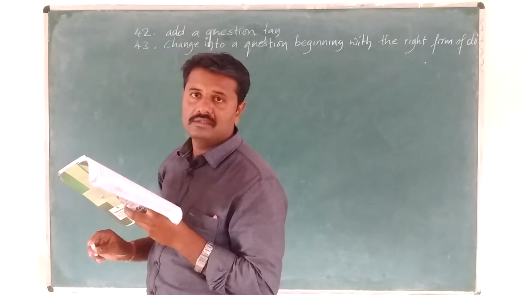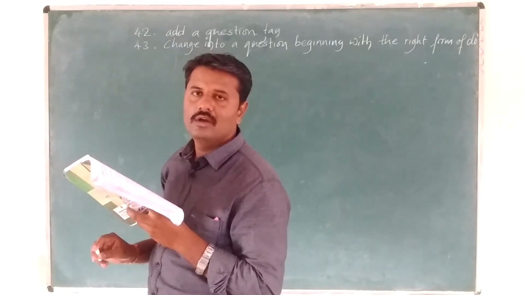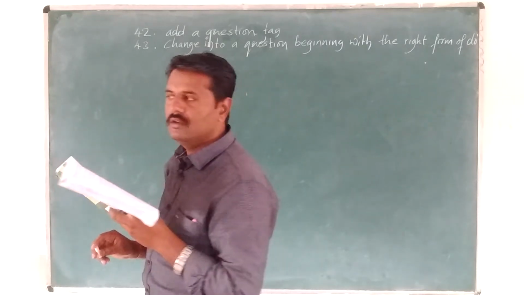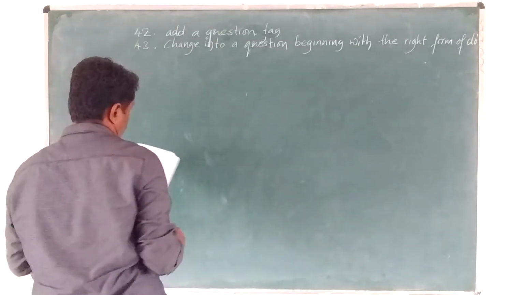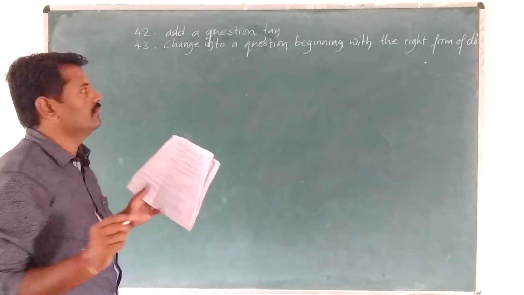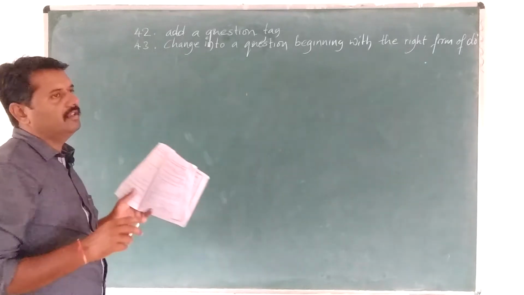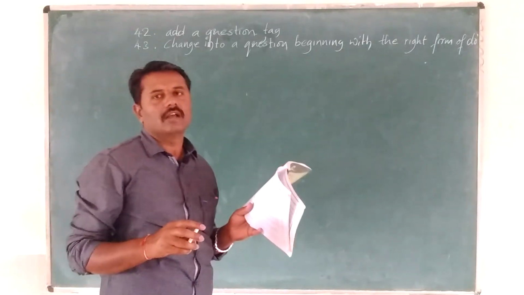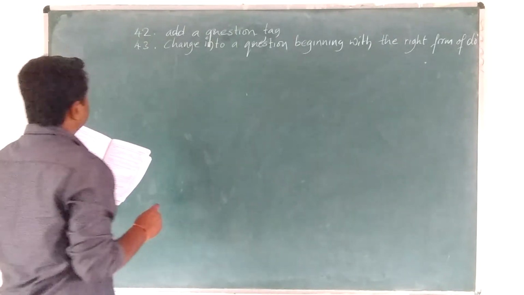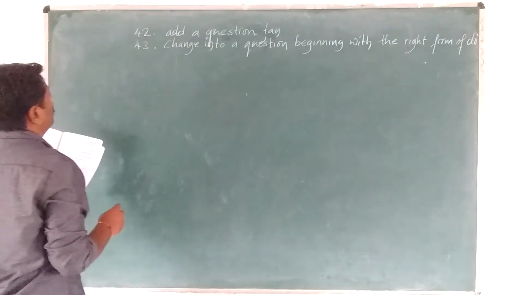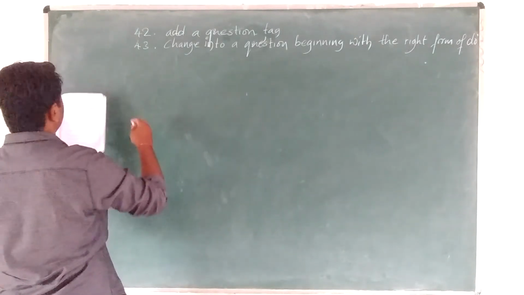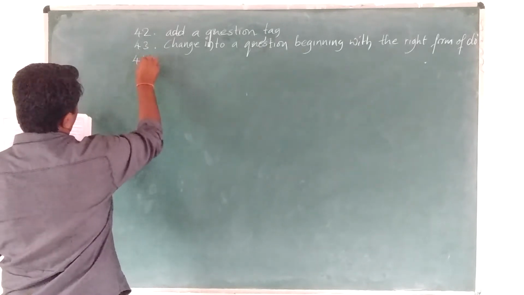You have seen the do forms. What are the do forms? Do and does are the do forms. Okay, do, does and did are the do forms. Do and does are the present do forms and did is only the past do form. Okay, so as you saw in the earlier classes.